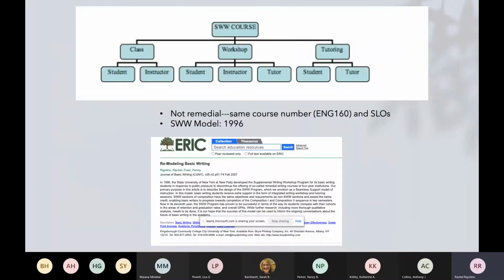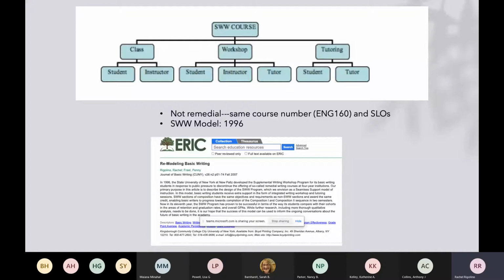To back up a little bit, because I'm at a CADE conference and I used to really enjoy coming to Baltimore. I was telling Sarah, to visit with everyone. Our model, which has been around since 1996, is non-remedial. We have the same course number as all the other sections of composition, 160, and we have the same student learning outcomes.